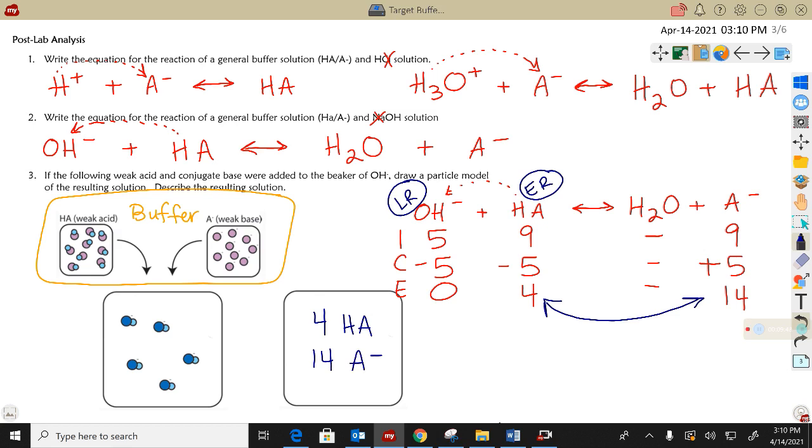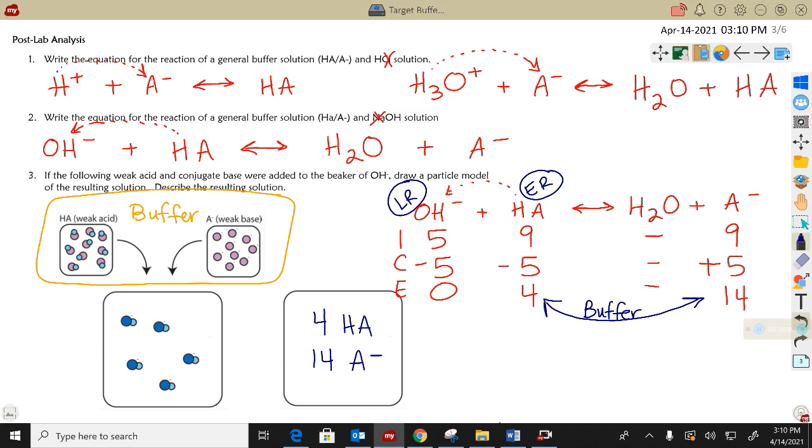Now, the key is that when I get to this equilibrium line, I still have a buffer. The resulting solution is still a buffer. I still have my weak acid and I still have my conjugate base. It's just that the ratio of acid to base in my buffer has shifted a little bit.